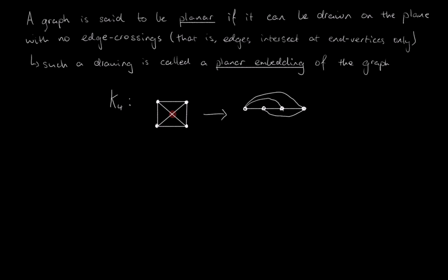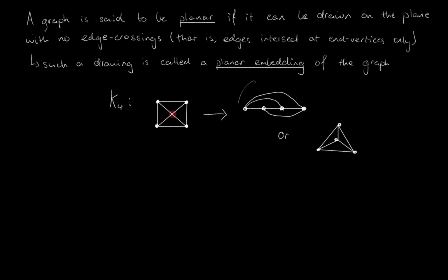Another, I guess, more elegant way you could draw it is like this. So you form a triangle. Then connect the vertices like this. And clearly there are no edge crossings except at the end vertices.